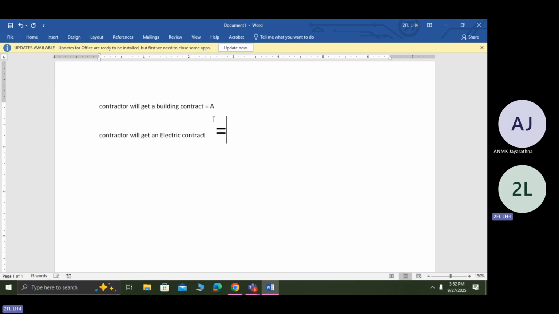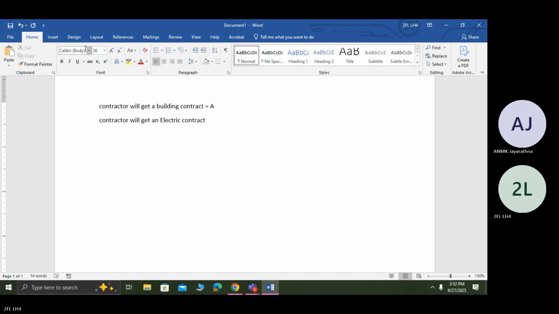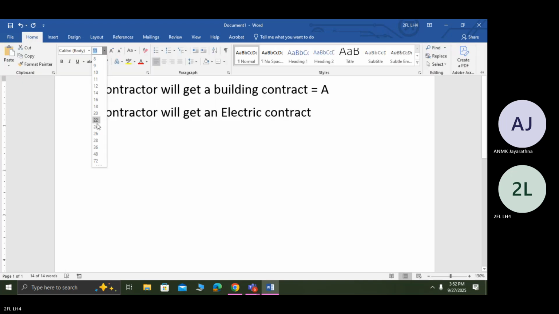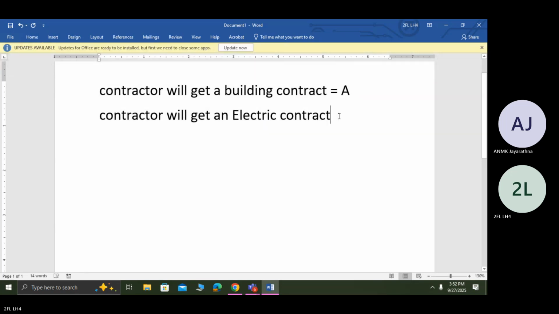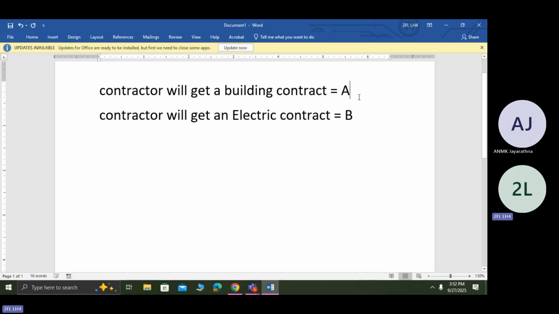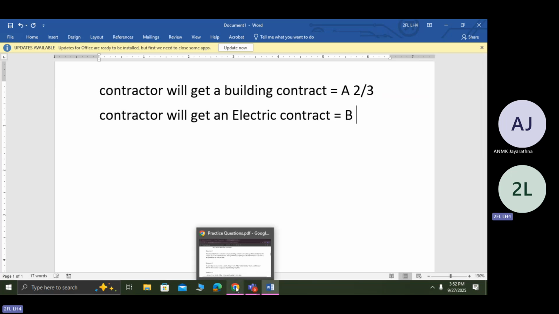We assume this event is event B. The question gives the probability values. He will get a building contract, 2/3.